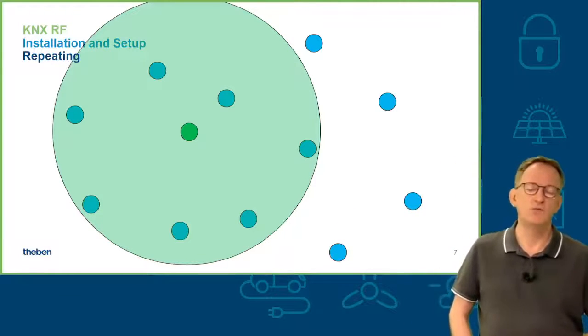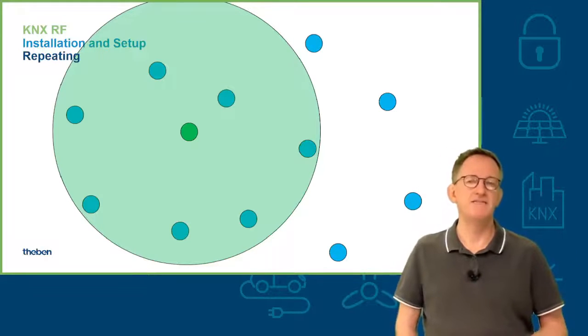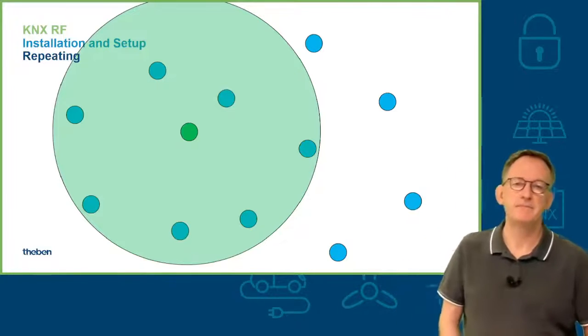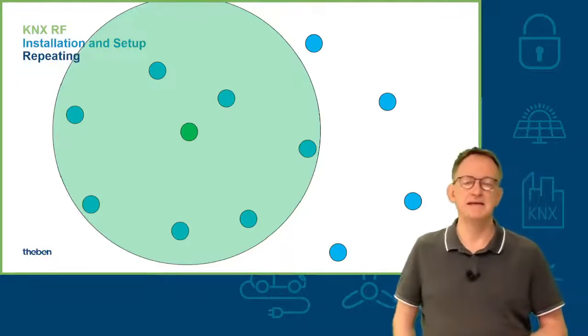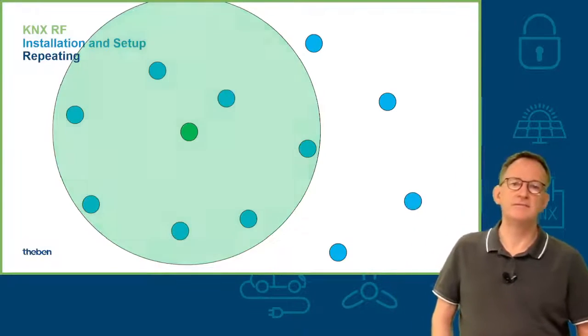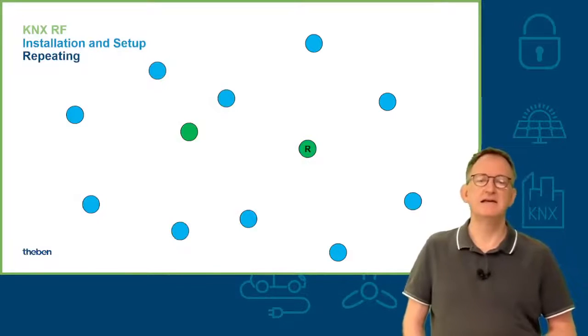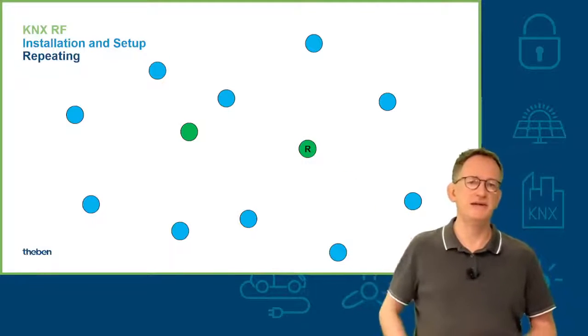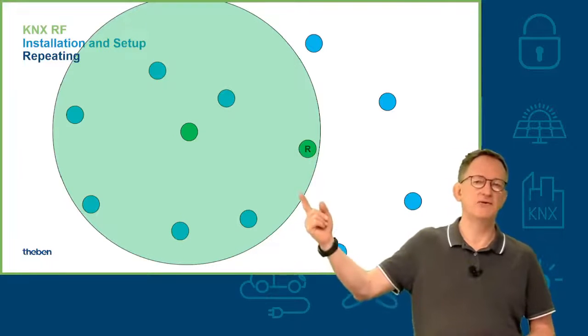Therefore we have a function implemented, which is a repeating function, where one device can also act as a repeater and extend the distance between the media coupler and the devices. So for example, if we have a second device like this one as a repeater, then the media coupler will send the telegram to the repeater.